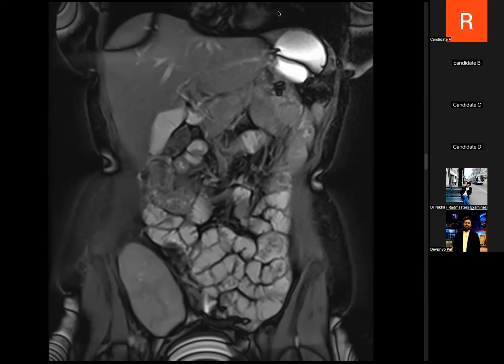This could also give bowel wall thickening. In what time duration should you expect CMV from post-transplant? What would be the timeline? Usually within one to three months. Are you sure?